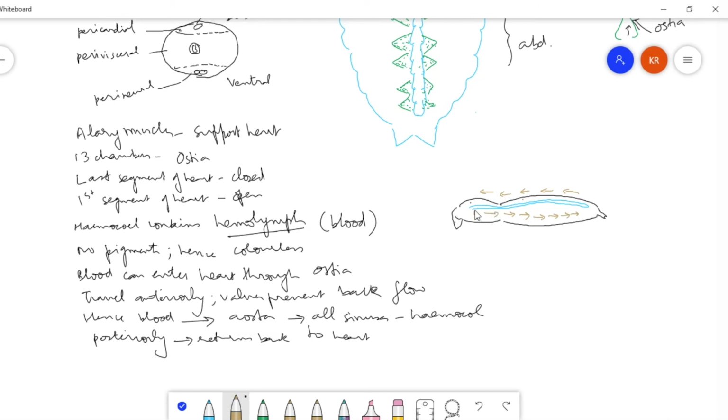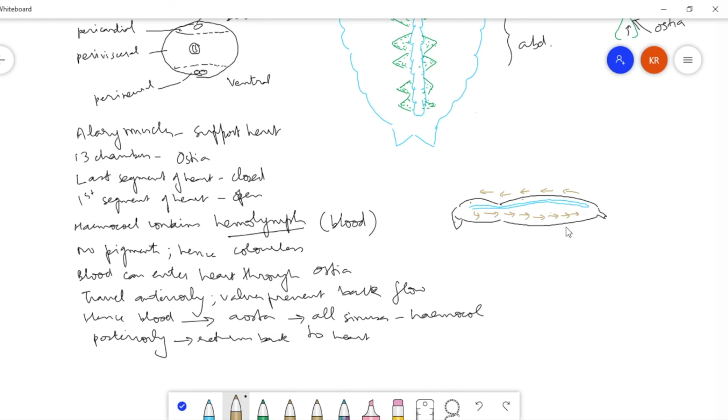So from anterior to posterior side it will move. It can enter the heart through any point, but once it is in the heart it will have to follow a one-way road, one-way traffic. From posterior to anterior it must move ahead. So this is just another way in which we represent the heart.